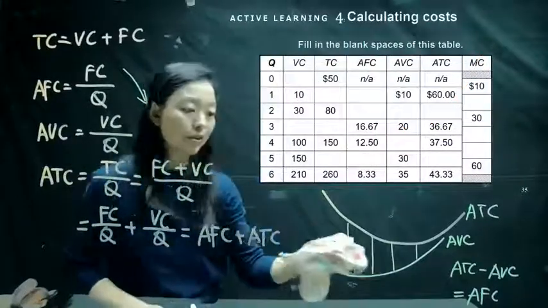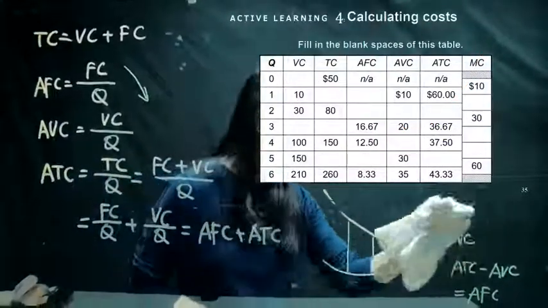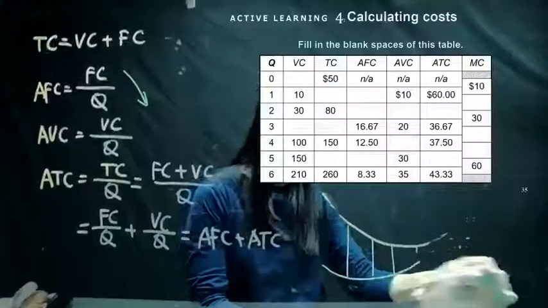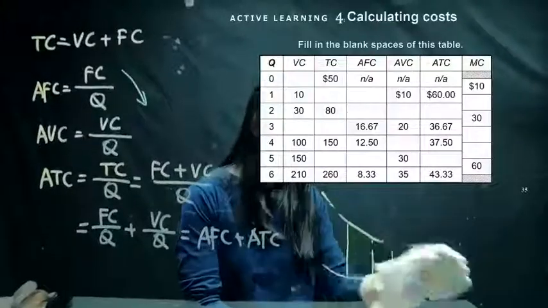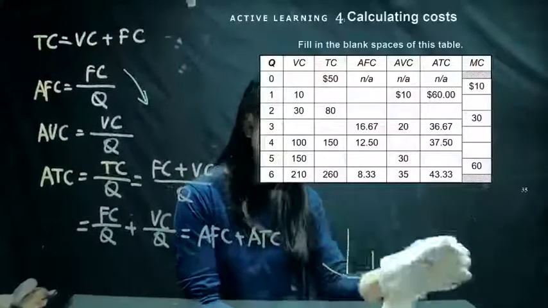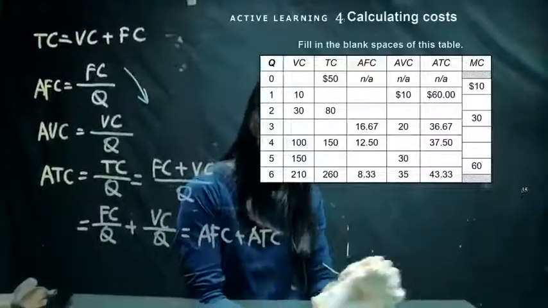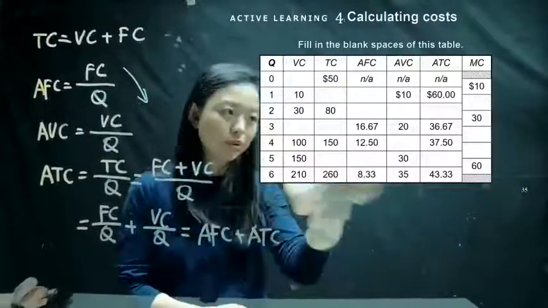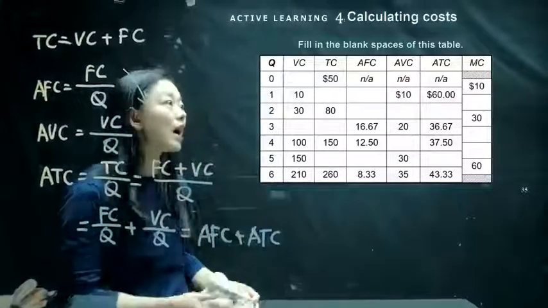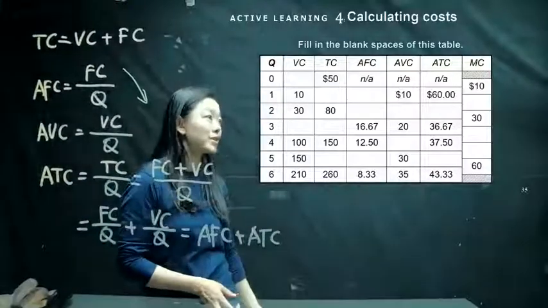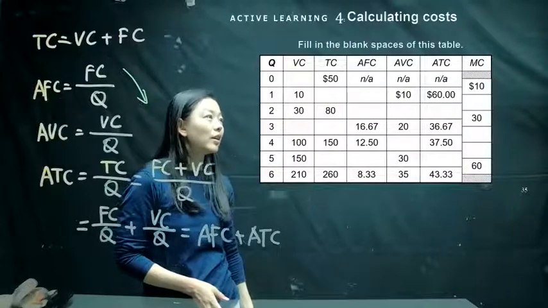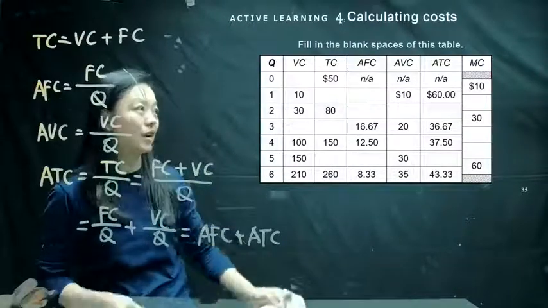Now this is the example. I would like you to fill this table. How can you do that? If I have this table in a practice question or in the exam, the first thing to find out is the fixed cost.